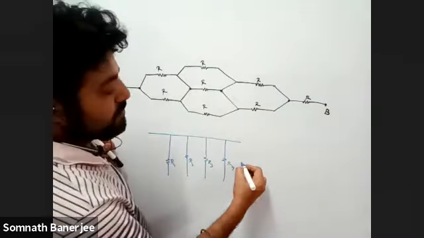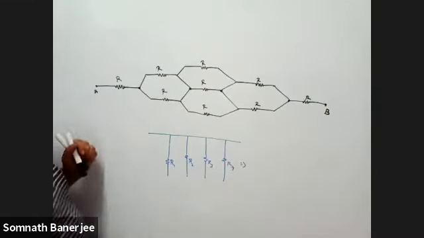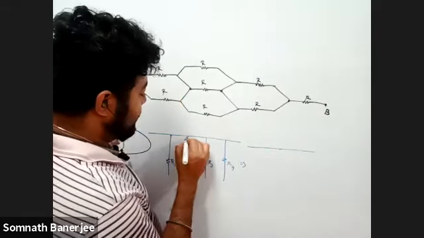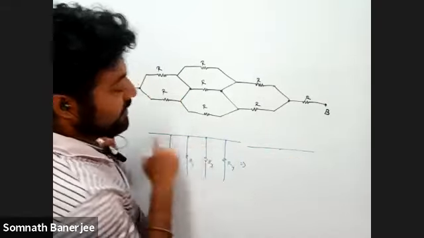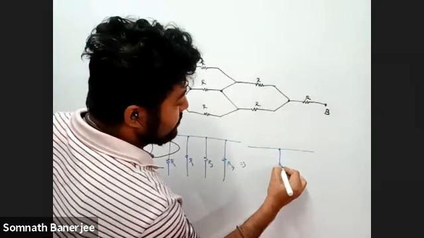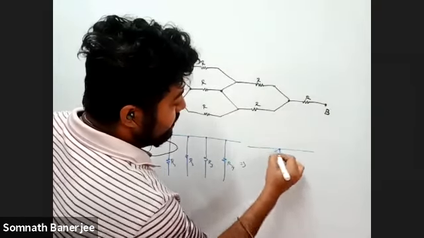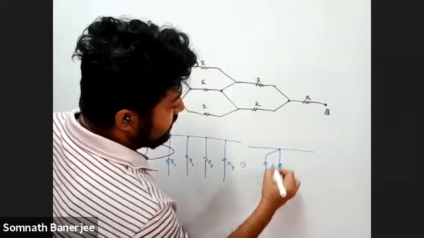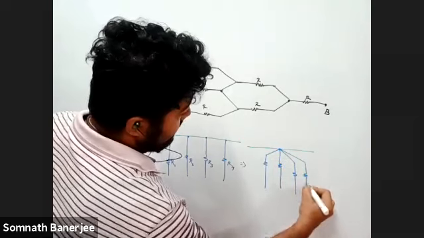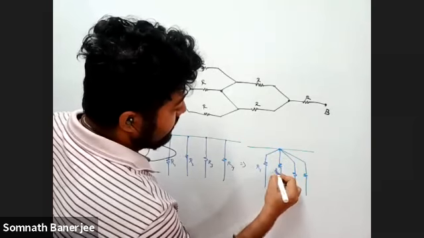Then point 1, point 2, point 3, point 4 are a single point, so you can redraw it in that way also. They are the same thing.